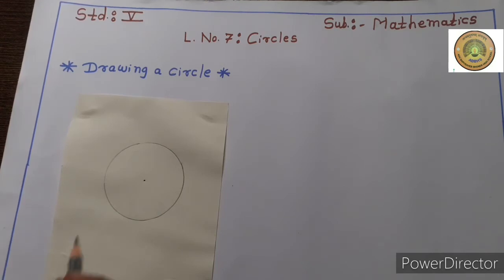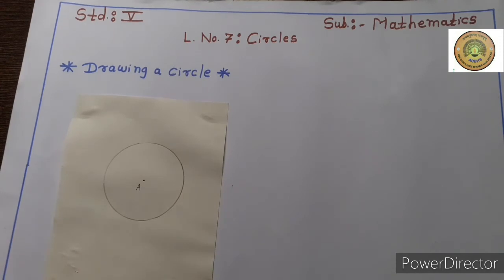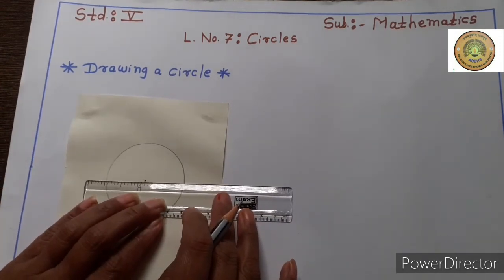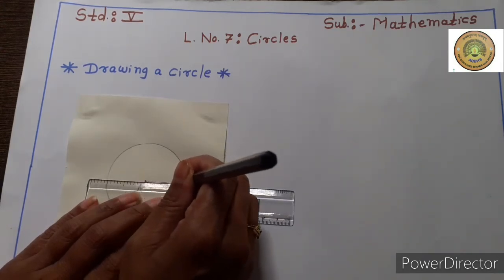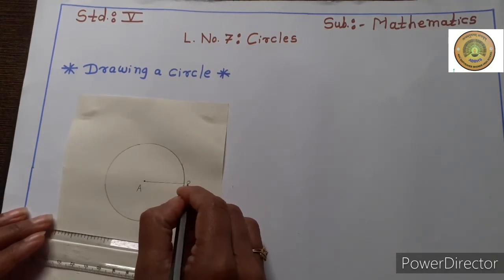So here give the name A to the point. Draw the line. Give the name B to this point.